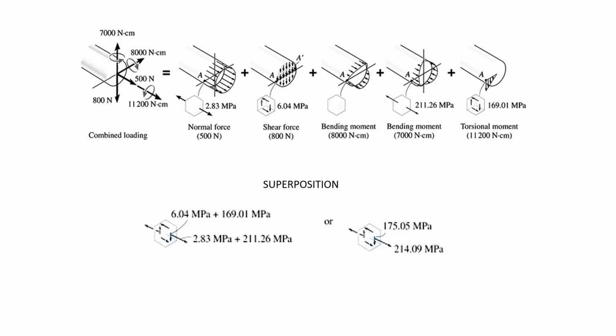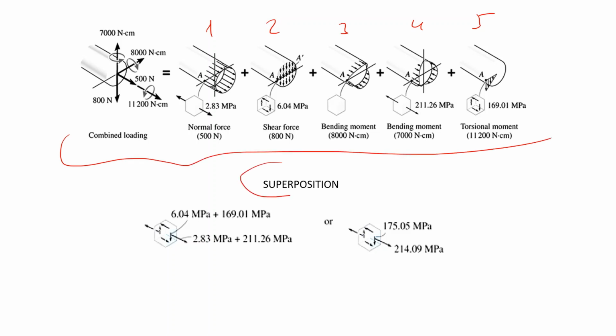Now we have everything: the stress distributions due to these 5 different loads. So I need to make a superposition and find the stress state in point A. I know that the normal force and the bending moments create sigma, that means normal stresses.